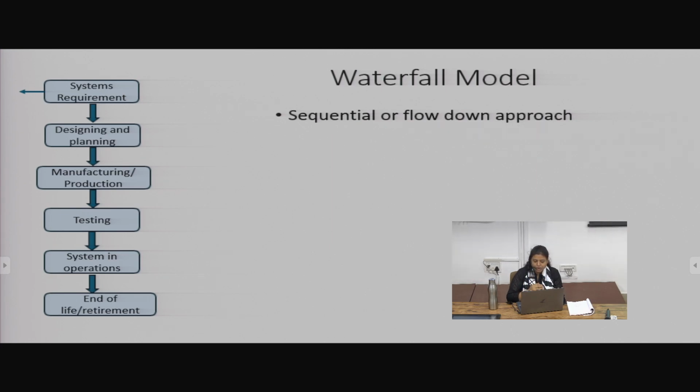One more term is there these days, concurrent and collaborative engineering. The concurrency and collaborative engineering terms are missing here. It's a sequential approach. How? Because all the changes which are suggested in the first stage, second stage or third stage can happen and can lead towards the end of the life phase.